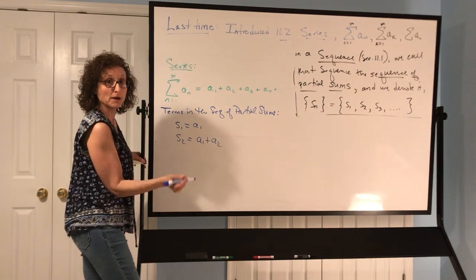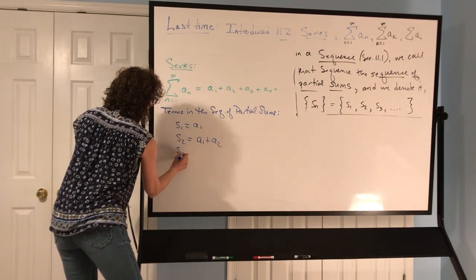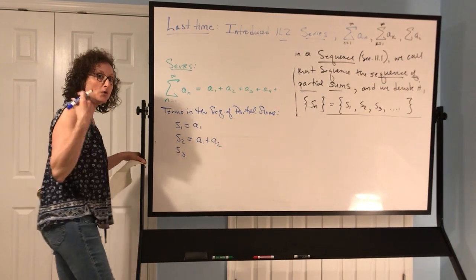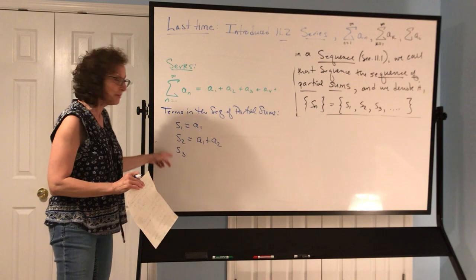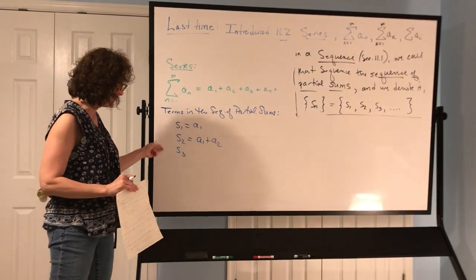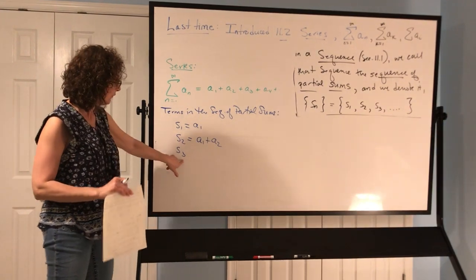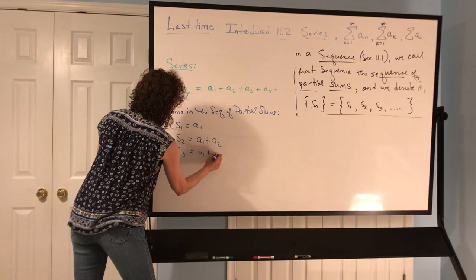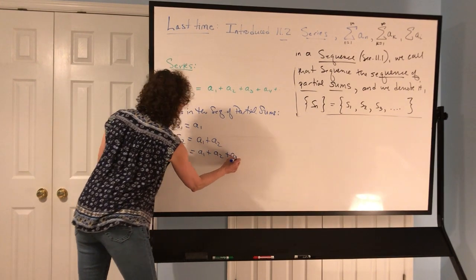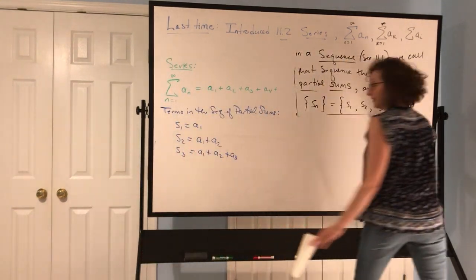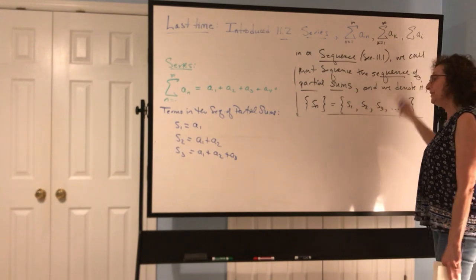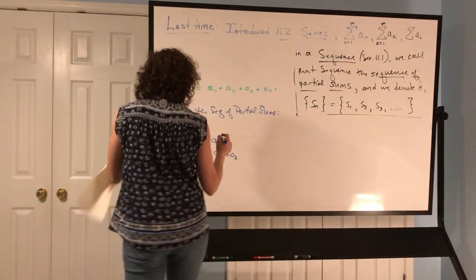What's in the S3 spot? The sum of the first three terms of the sequence. If you know what these things mean, they're not just a bunch of symbols you're writing down. The sum of the first three terms is a1 plus a2 plus a3. What's S4? Good, you're getting this: a1 plus a2 plus a3 plus a4.